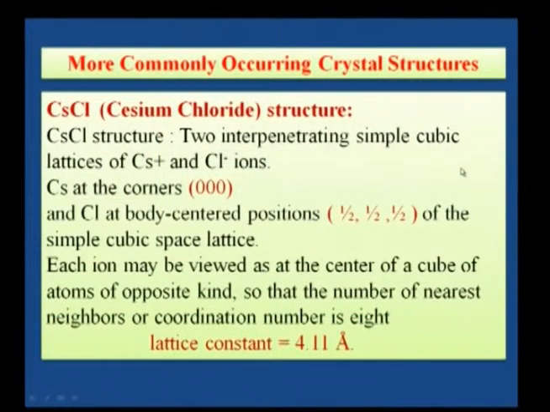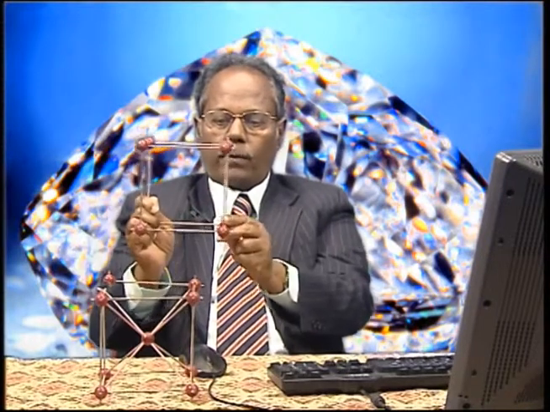You just forget this atom, it is a simple cube, right. Now, in a simple cube you have got a cesium atom, then imagine you have pushed the simple cube along this body diagonal through what distance? Half of a, half of b, half of c. So, you have got a cube here, half times a along x and y, and then half times a along the z direction.